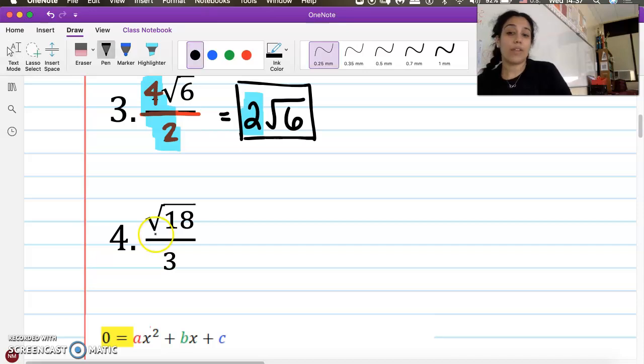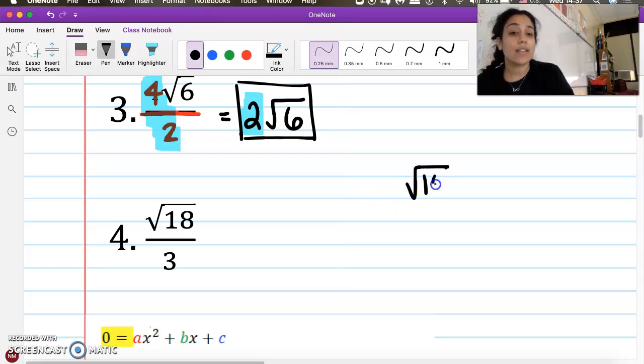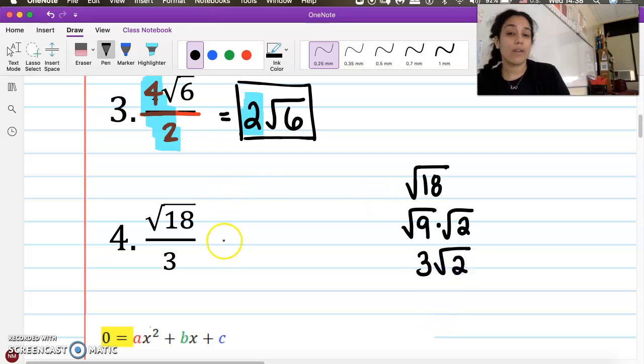What about this one? Well, this one, I cannot do this. These are not the same breed. But I have to check, is the radical 18 simplifiable? Can I simplify it? Well, is there a perfect square that is a factor of 18? Yes. 9 times 2 is 18. Square root of 9 is 3, so root 18 is 3 root 2. So this becomes 3 root 2 over 3.